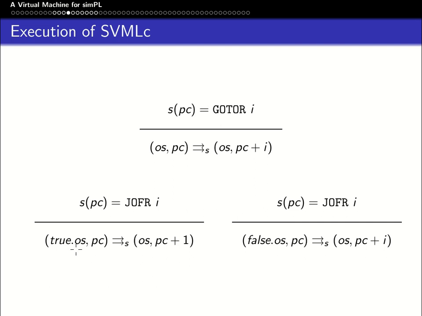All right. So we have 2 new instructions, go to R and Joffre. Let's see their semantics, because this is another language, and this is part of the language. So we essentially have SVML, which is one language, our virtual machine, and we have simple.